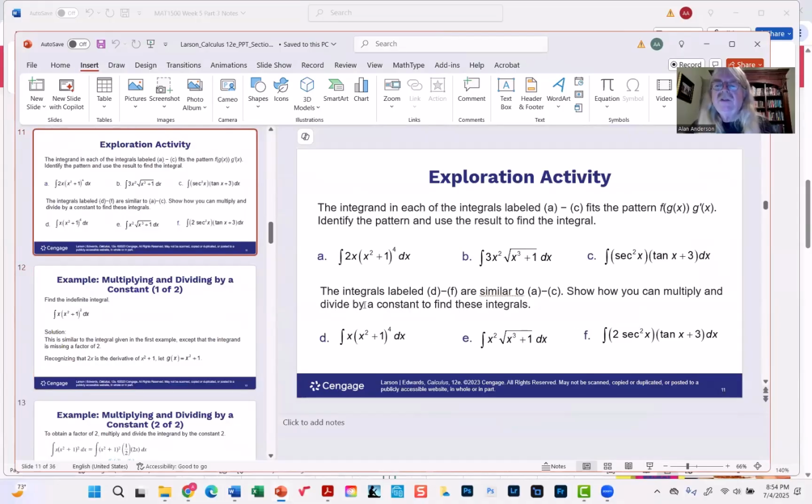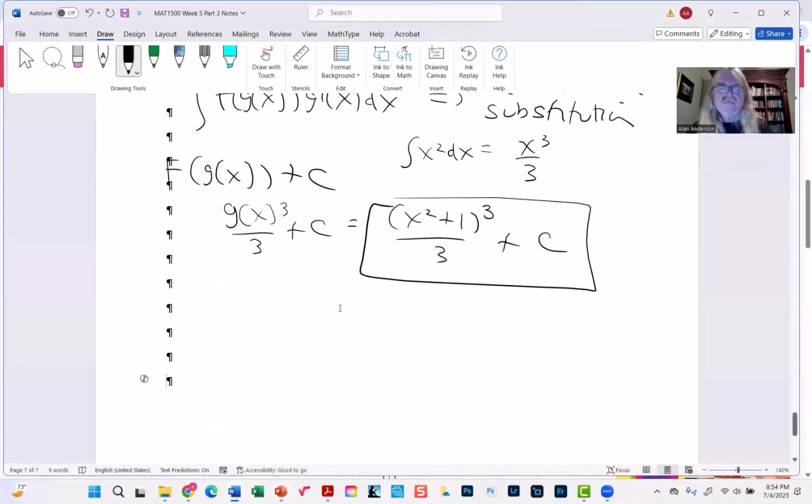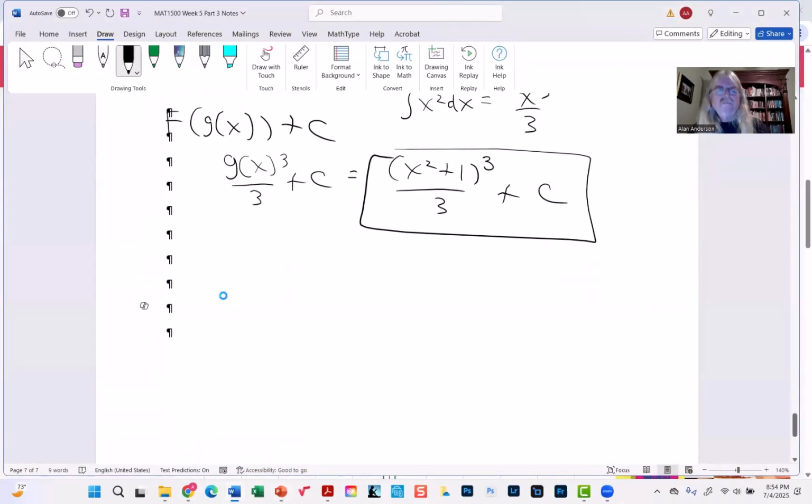And so here they want you to try some of these. So, for example, this one. So the first thing we have to do is see if we can use substitution in the first place.